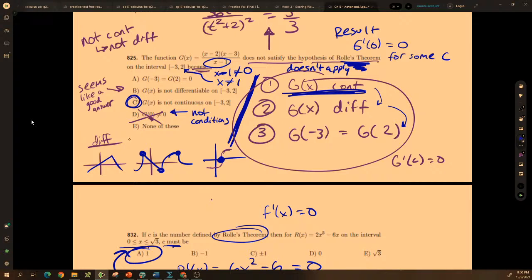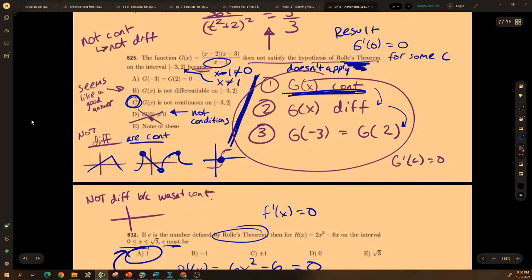But all three of these are also continuous. So those are differentiable and continuous. Now, the fourth case, where we're not differentiable, is when the graph wasn't continuous.